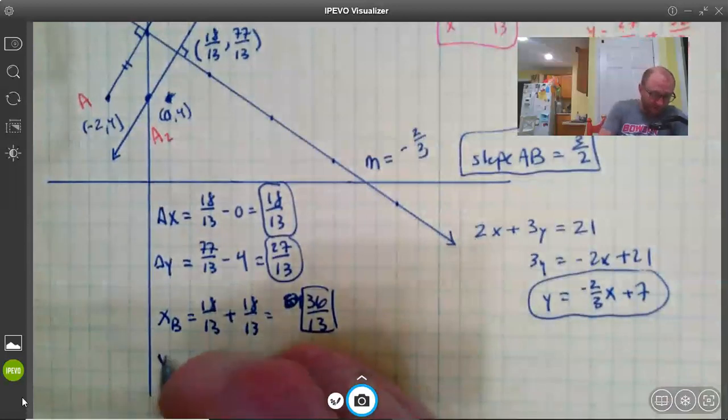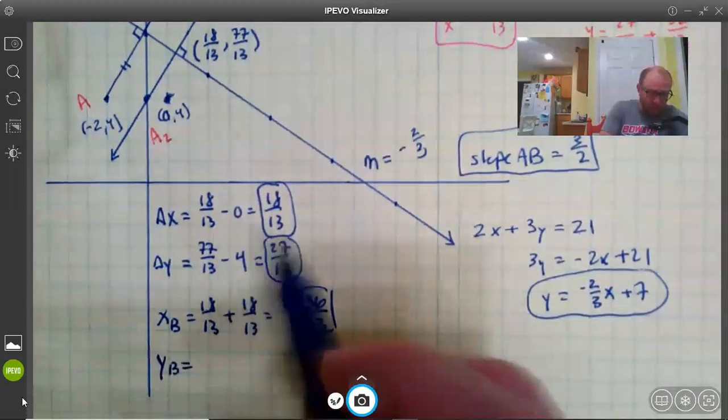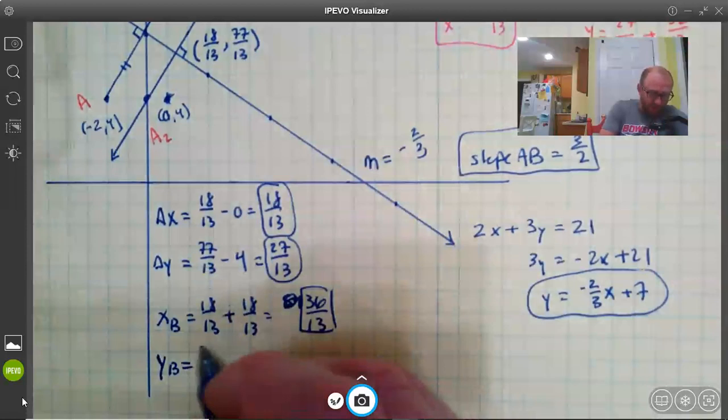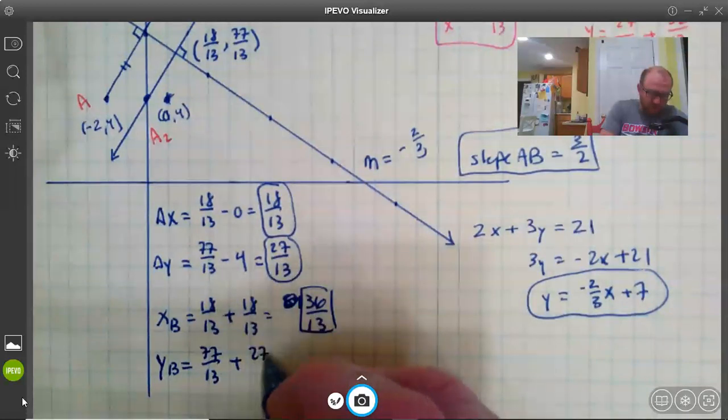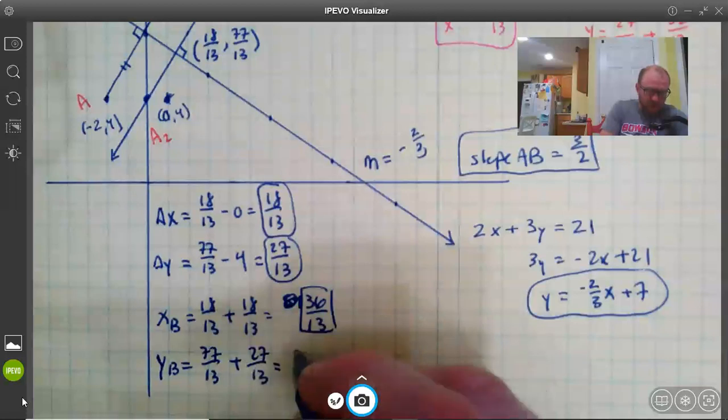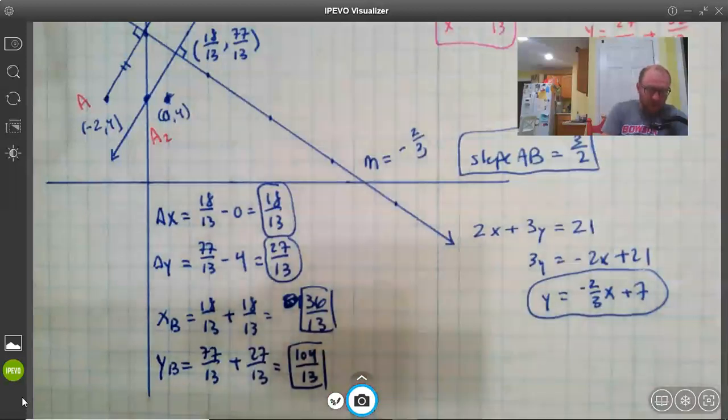And our y coordinate for point B will be the 77/13 we have here, right, plus another 27/13 for a total of, see, 104/13.